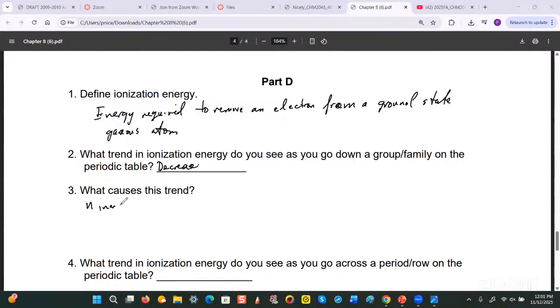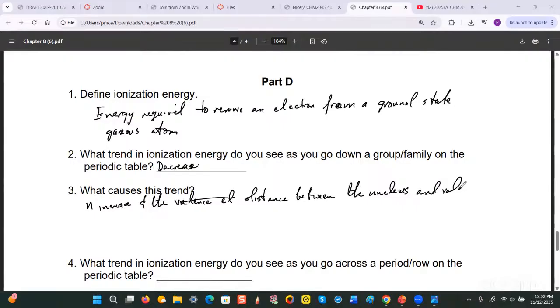Right, N increases, and the distance between the nucleus and valence electron increases, and therefore the attractive force decreases as well.